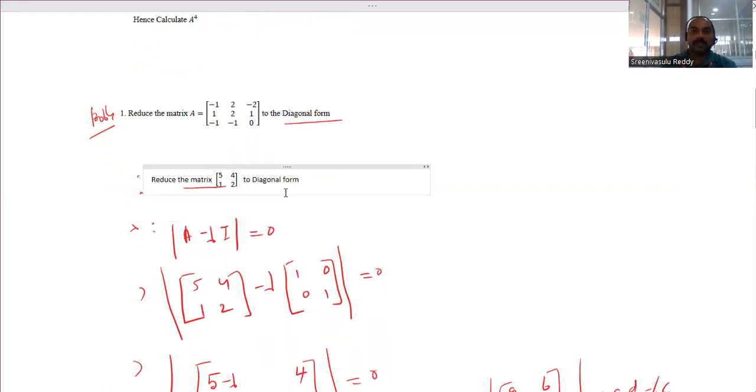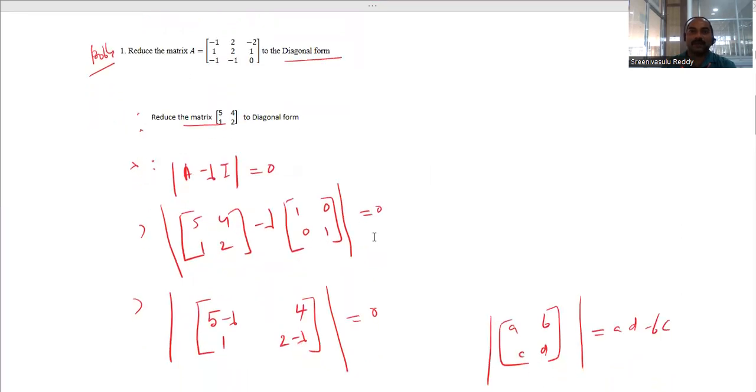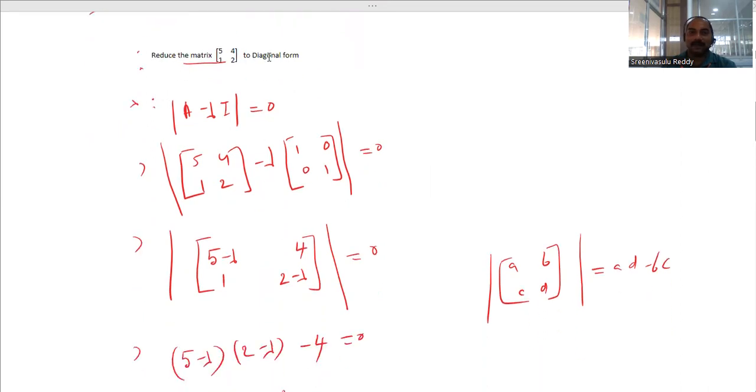Whenever they ask this kind of problem, the first step is to find eigenvalues and then eigenvectors. These two are a must whenever we want to show the diagonalization form.